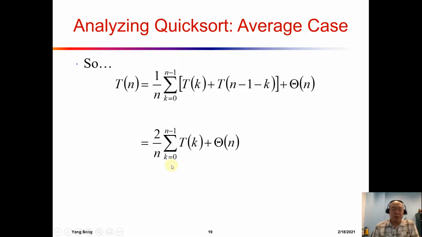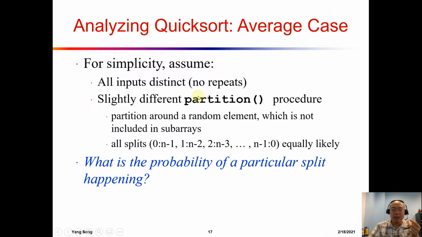We can start to do some massage to make this case easier. My observation is, since this k could be any value between 0 and n-1, for each of the possible Tk, we count them twice. What do I mean here? We can have a 0 to n-1 partition, and we can have an n-1 to 0 partition.